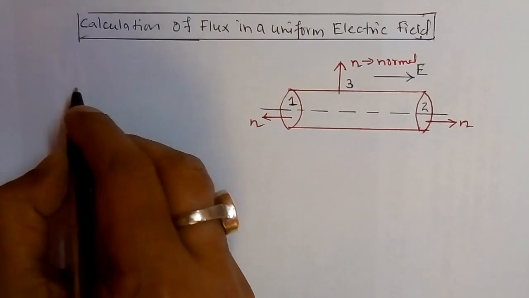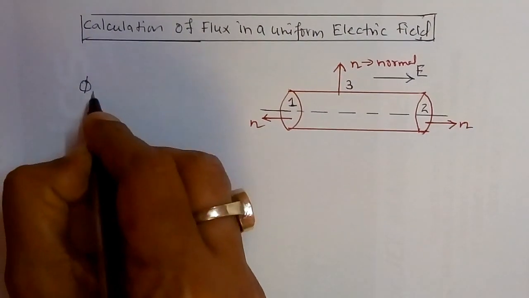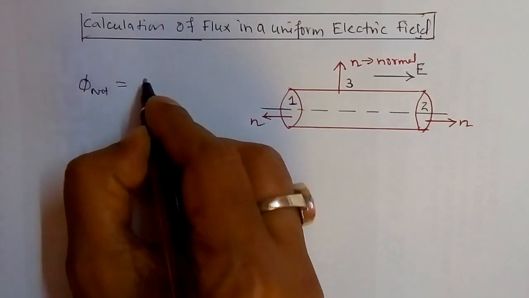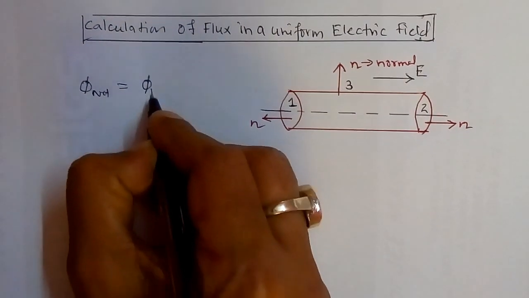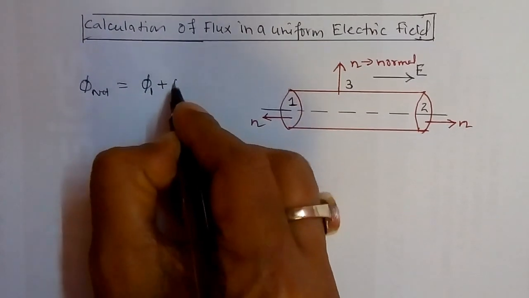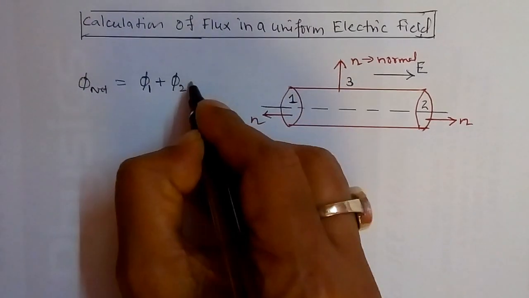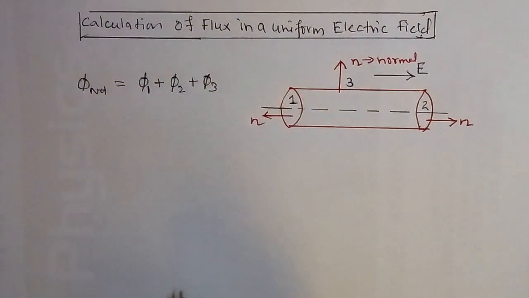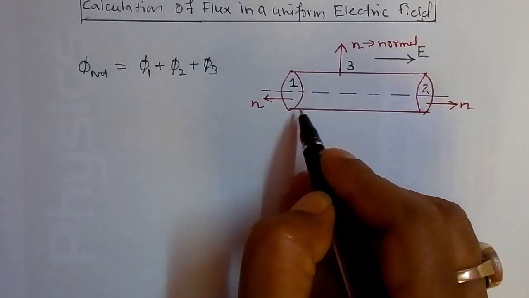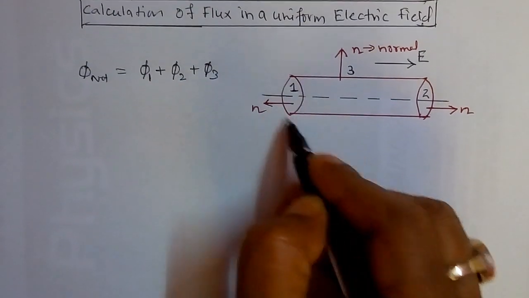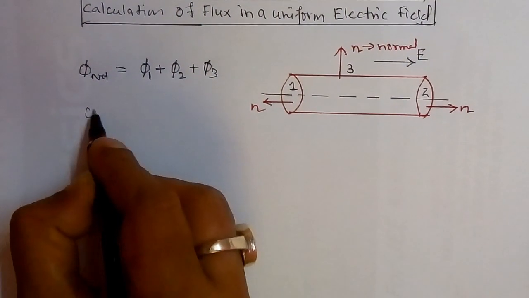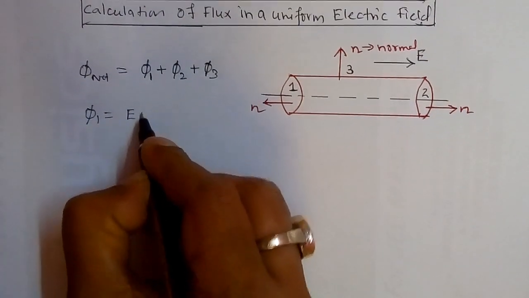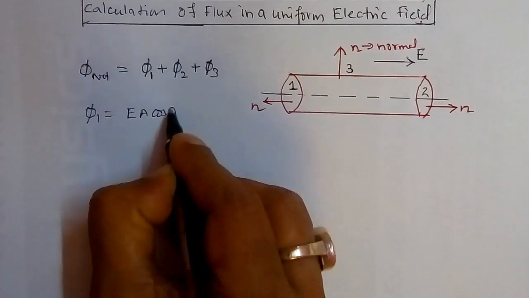The net flux is equal to flux through the first surface, flux through the second surface, and flux through the third surface. Now for this first surface, the flux can be E into A cos theta.